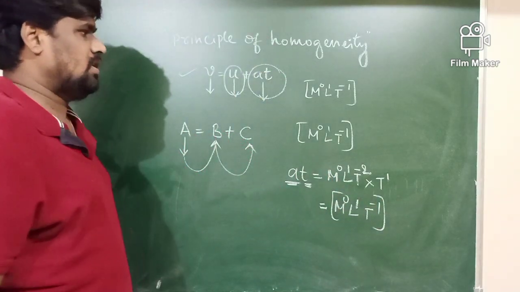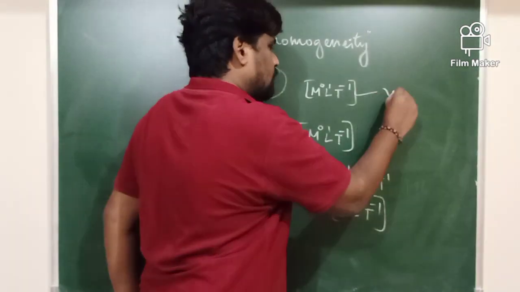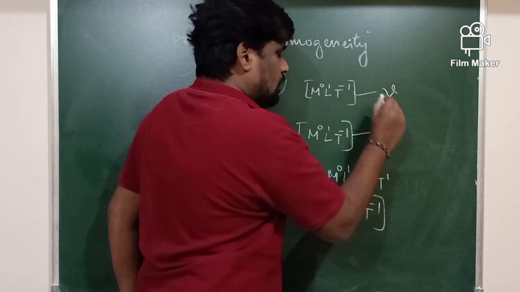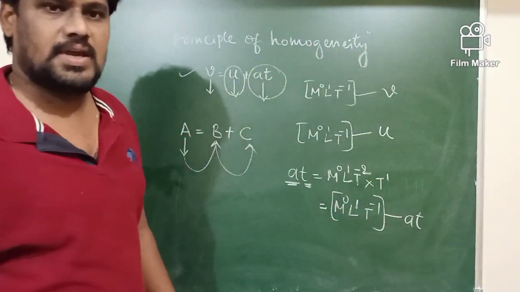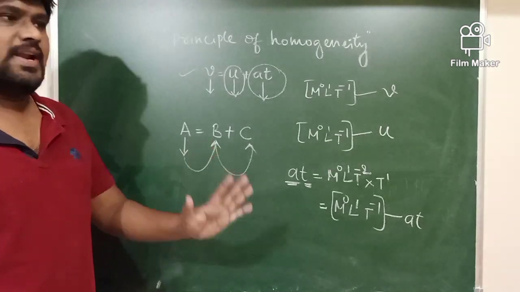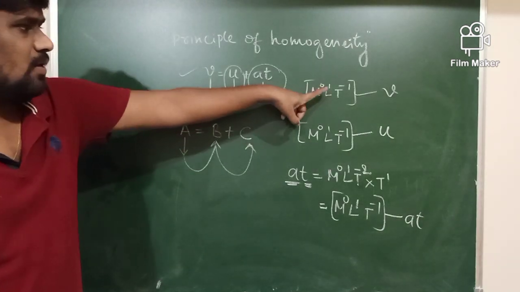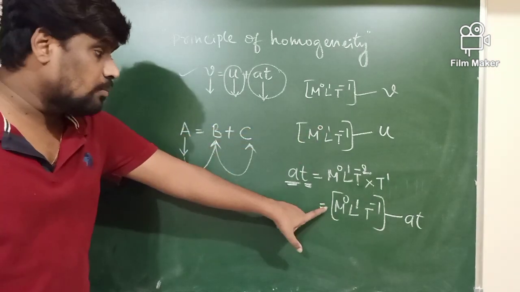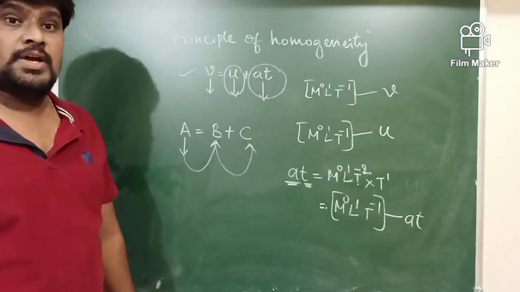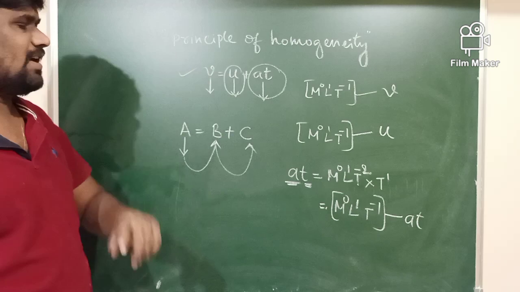Look at the terms. This is the dimensional formula of V. This is the dimensional formula of U. This is the dimensional formula of AT. Okay, all have same dimensions. m0 L1 t minus 1, m0 L1 t minus 1, m0 L1 t minus 1. Therefore this equation is correct.